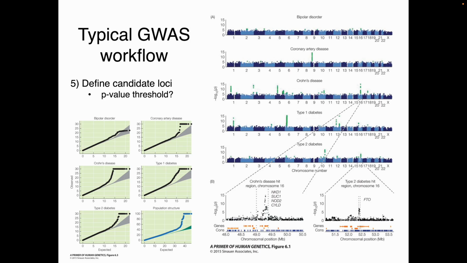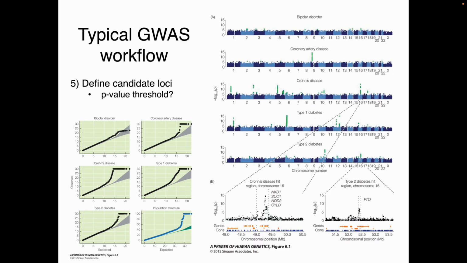So the way that you see on a QQ plot that there's actually some signal, that there are some things that are associated, is when the actual p-values for the association start to deviate from that random expectation. So you can see in all of these disease examples, you get some p-values in the observed set that are higher than what you would expect based on a random distribution, okay?